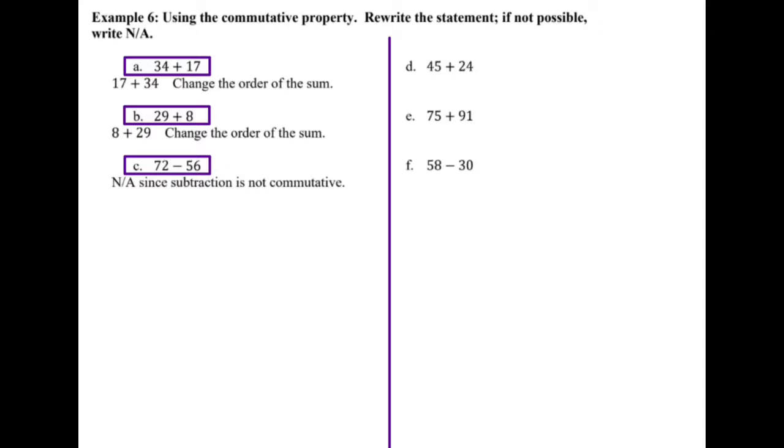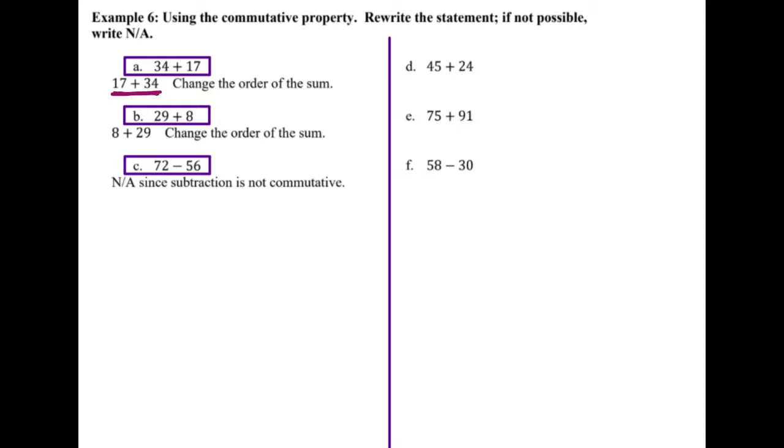So let's go up here to the first box first. 34 plus 17. Using the commutative property, rewrite the statement, and if not possible, write NA for not applicable. All they did was reverse it, put the 17 first and the 34 second.